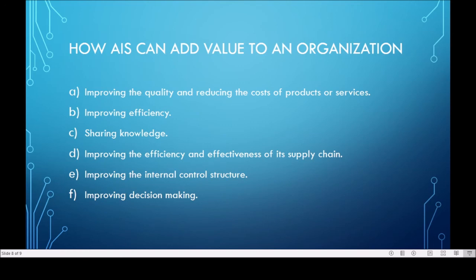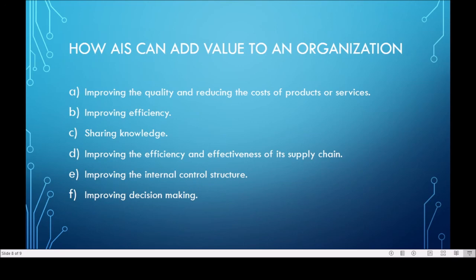So for today, that's all for our discussion as an introduction to accounting information system. Our next video discussion will focus on the difference of accounting information system and management information system. We can also discuss the AIS subsystems, because accounting information system has three subsystems.